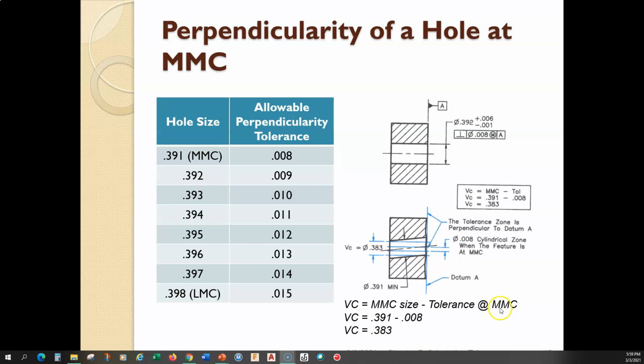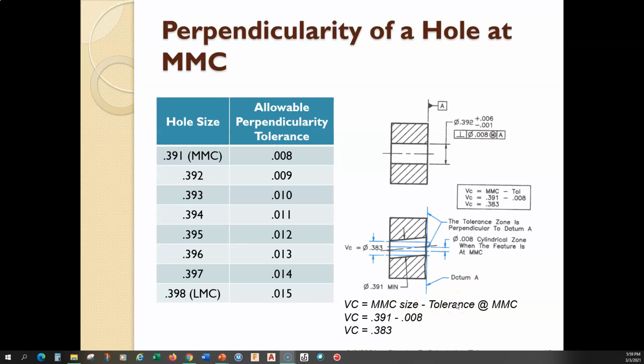That's important. All right. So the virtual condition is 383, and that's going to be a constant as we go through this table. 391 minus 8 thou is 383. 392 minus 9 thou is 383. Notice because this is a negative feature of size, the virtual condition equation changed to be MMC size minus the tolerance.